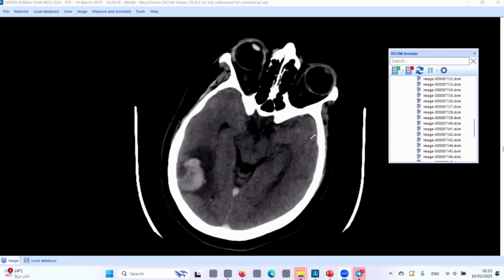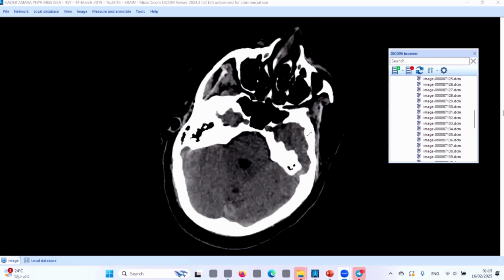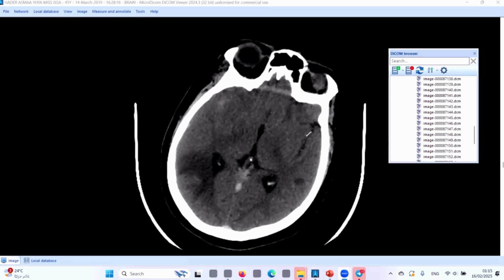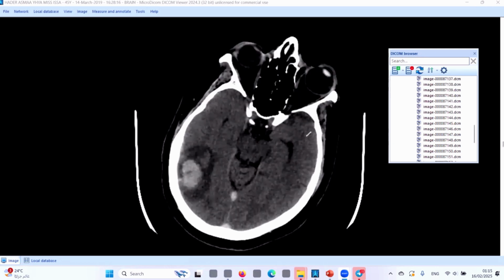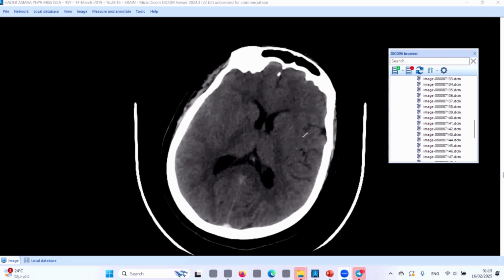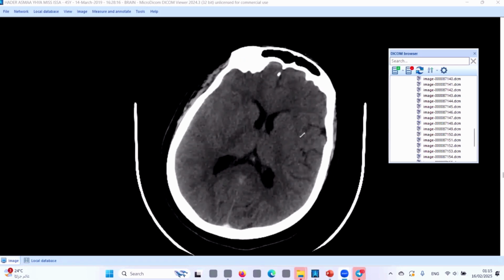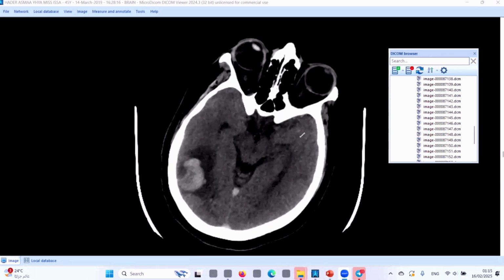This is the third case today. This is a young adult patient presenting with sudden drowsiness and confusion. The most gross abnormality here is this hematoma.